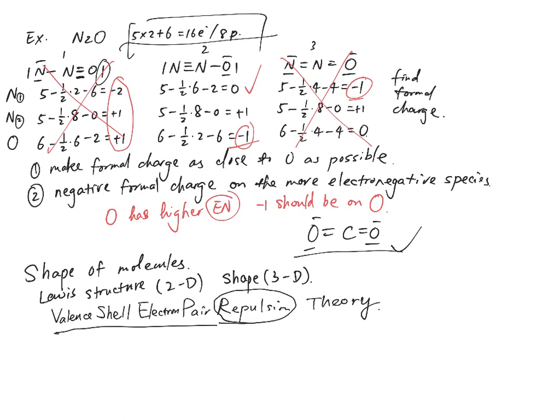These guys push each other away as far as possible, and they are going to determine the shape. Okay, so essentially valence shell electron pairs on the central atom will repulse each other and eventually result in different shapes of molecules. Okay, so now let's see some examples.